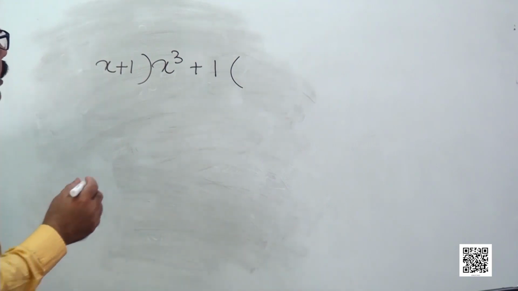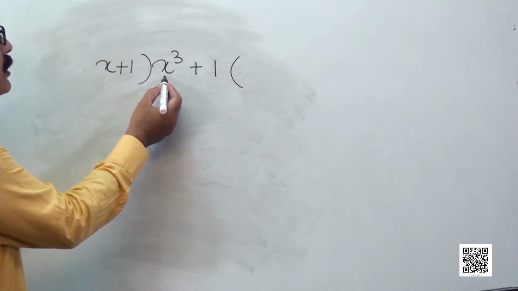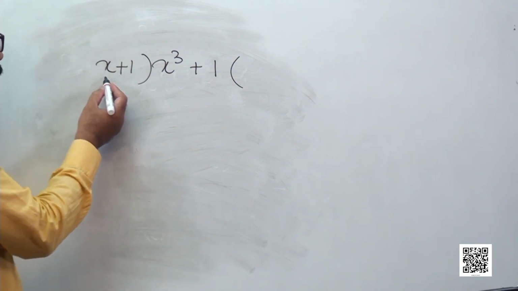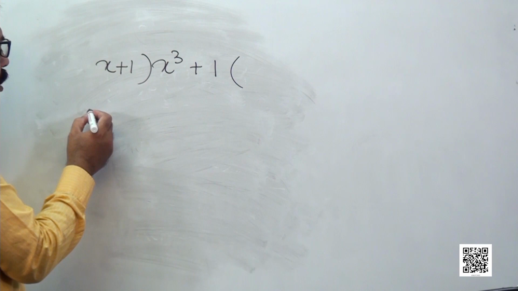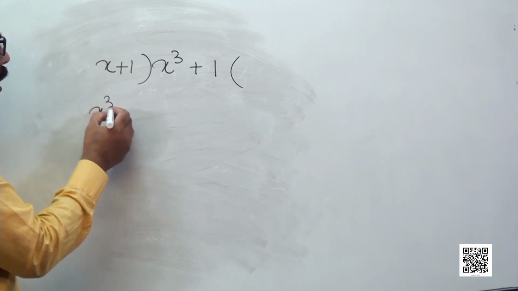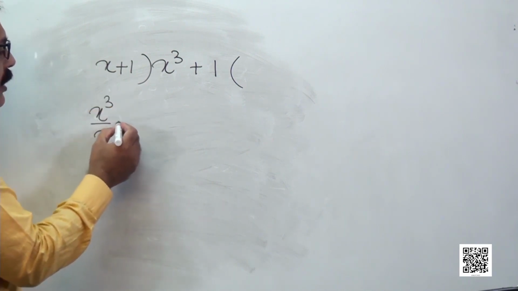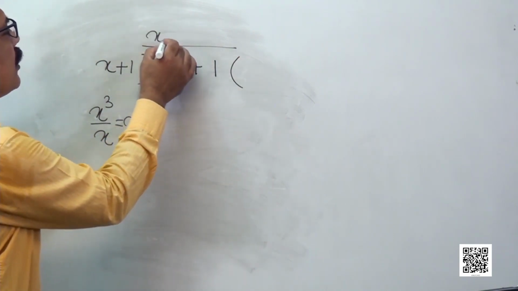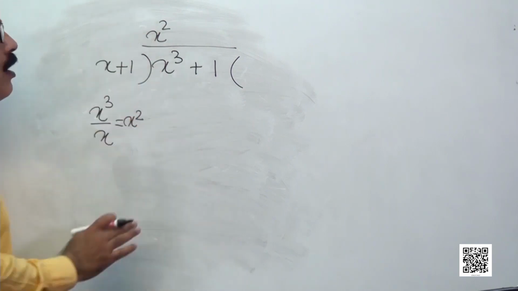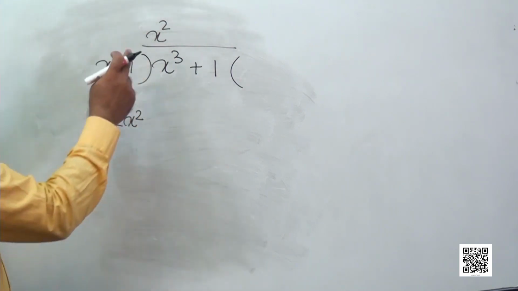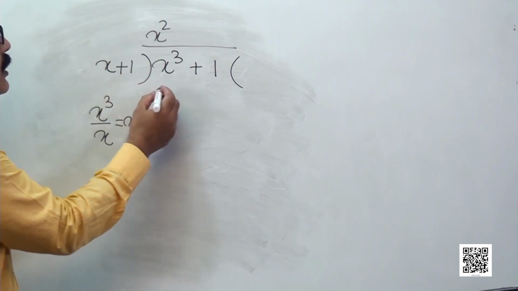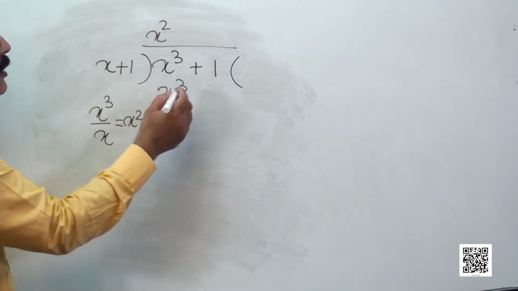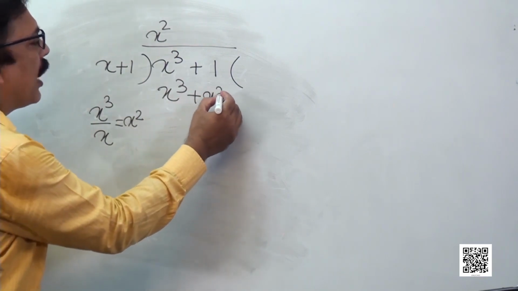Now let's see, the first term of the dividend is x cube and first term of the divisor is x. So to get the first term of the quotient, we have to divide x cube by x. That gives x square. So we can write here the first term of the quotient. Multiply this x square with x gives x cube. Multiply this x square with 1, that gives plus x square.